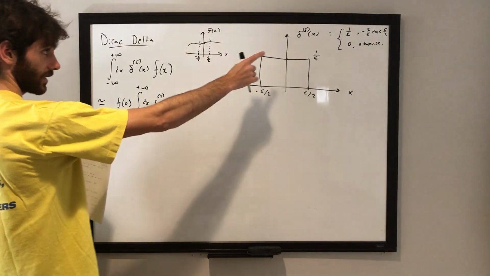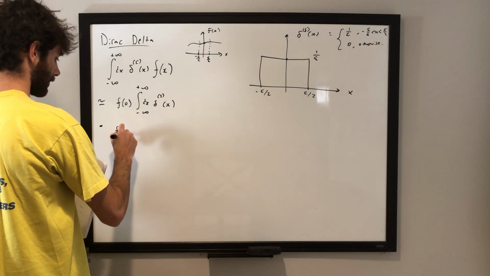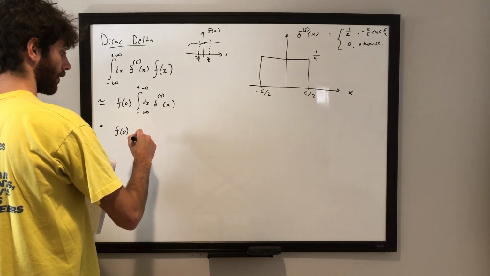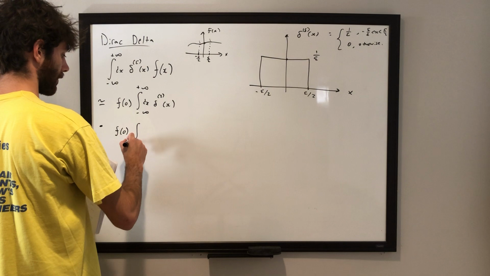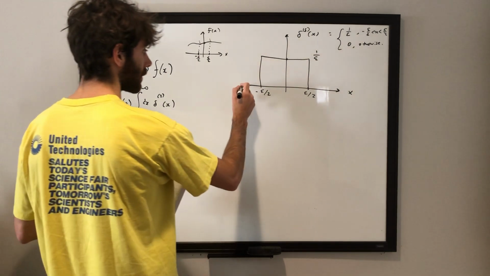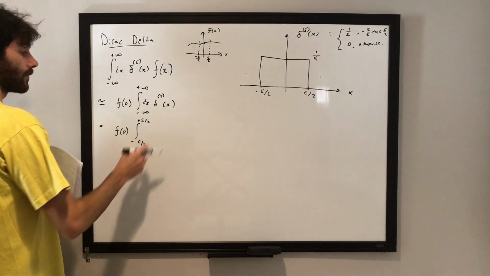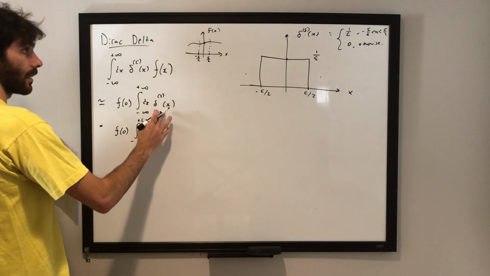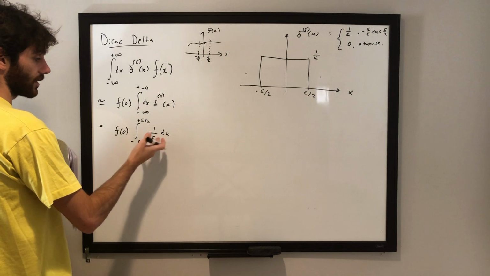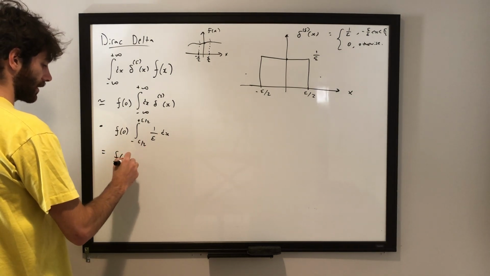With this prescribed functional form, we can go ahead and evaluate this. We might as well integrate from minus epsilon over 2 to epsilon over 2, because the delta function is 0 outside of that window, and within the window, it's just a constant function of 1 over epsilon. So we're just integrating a constant here, so we get f of 0 times a constant.